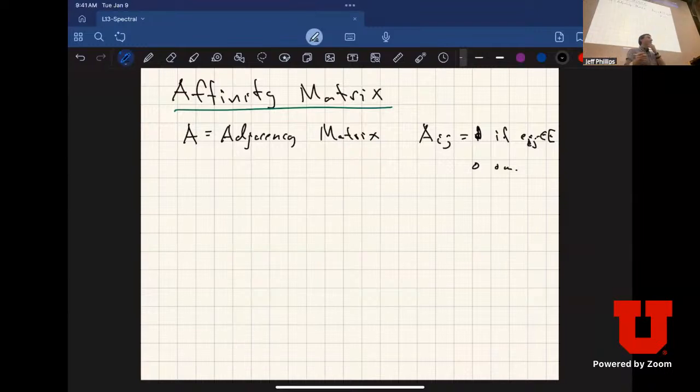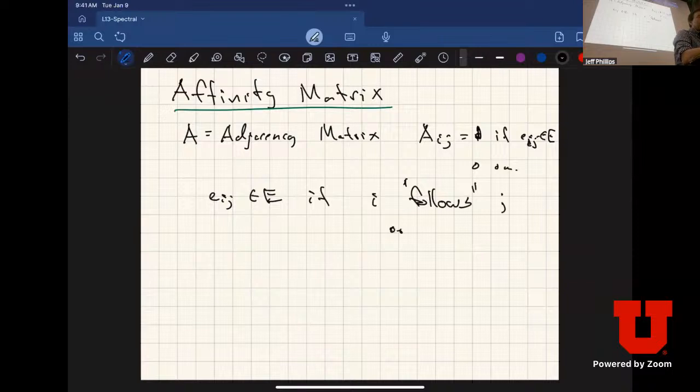So if you follow someone, Eij is in E if i follows j, or j maybe follows i, right? So it could go either way. It's undirected. So either following direction, i follows j or j follows i.